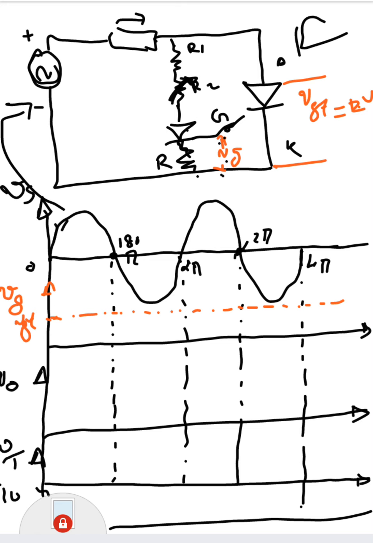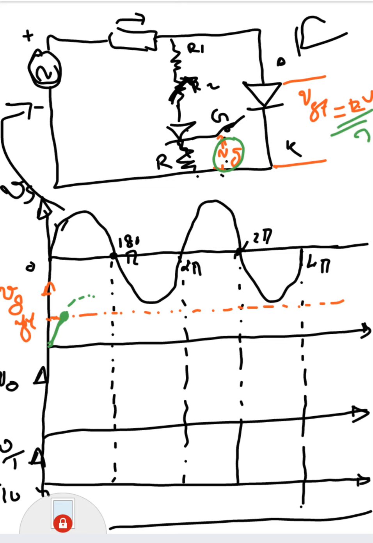So I select R2 in such a way that the voltage across this gate, that is VG, follows like this. Assume that it is going to follow like this, but at this point itself, what's the meaning? The voltage across the gate reached this VGT, the required triggering voltage of 2 volt, and immediately the SCR will trigger.